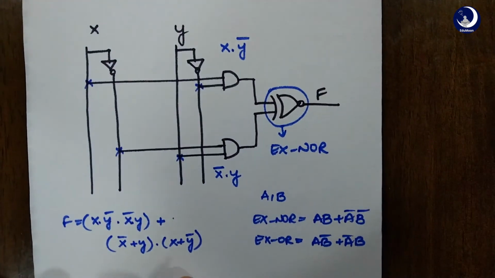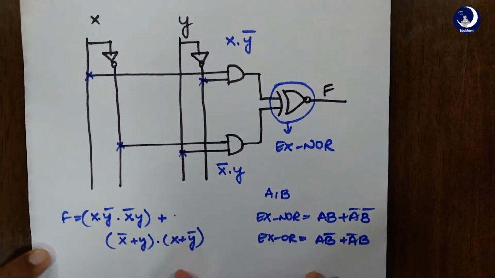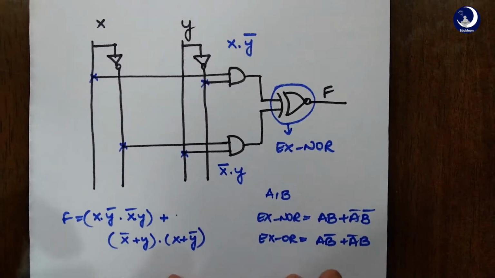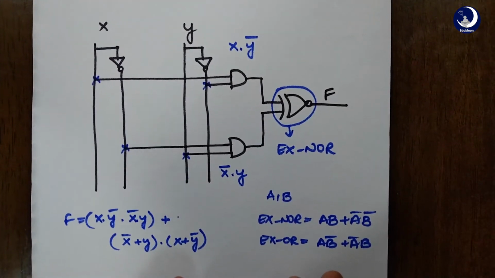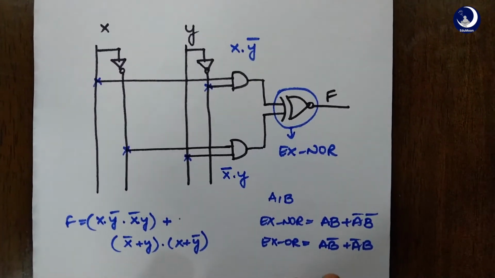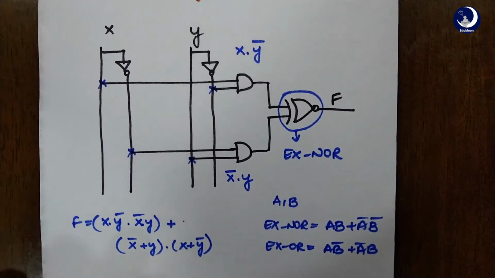I'm not solving this. Try to solve this expression and obtain it to the minimum number of literals. I hope you are very clear with the concept of converting the entire bigger Boolean expression into a minimum number of literals. So do find this and let me know in the comment section.